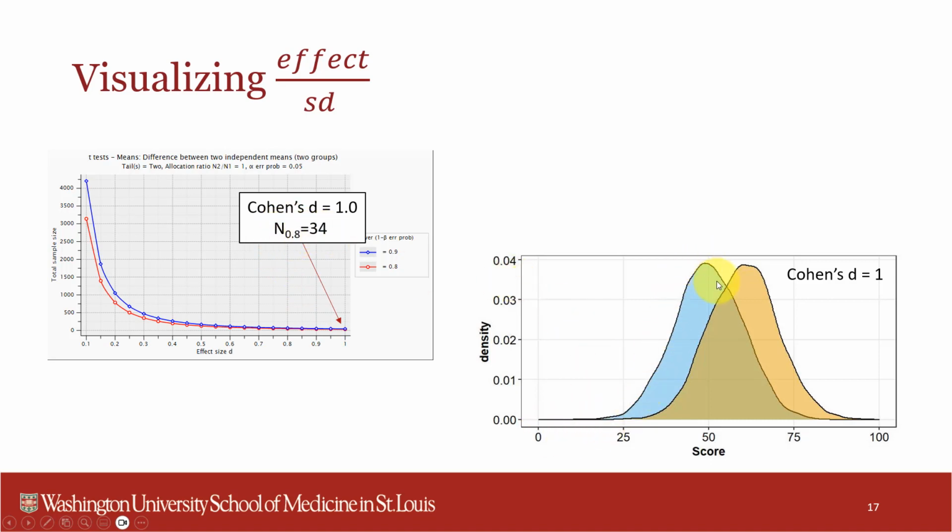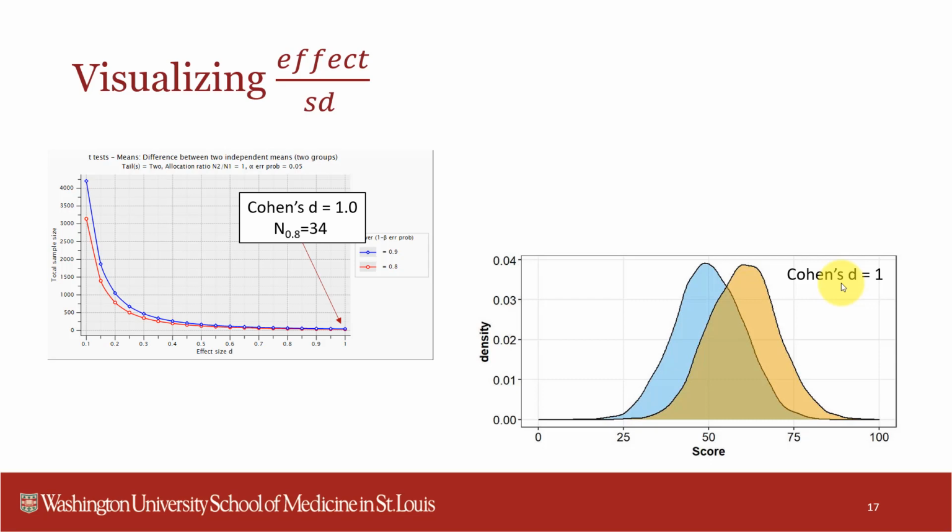If we had a population with a Cohen's d of 1, so these are hypothetical populations of individuals in a control group in blue and a treatment group shown in brown, that are separated by 1 standard deviation. In this case, I think they both have a standard deviation of about 10, and their means are 10 points apart. So the Cohen's d is 1.